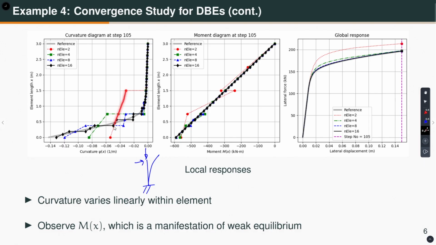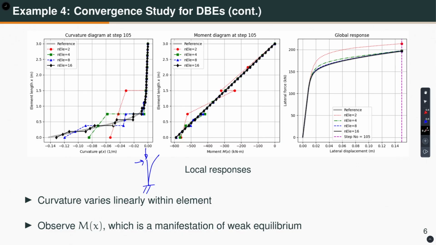You see that the curvature is varying linearly within the element. Similarly, let us consider the 4 element case. This is one element, then the next element, and then the other one. Within each you can see the curvature is varying linearly, and then there is a sudden jump.